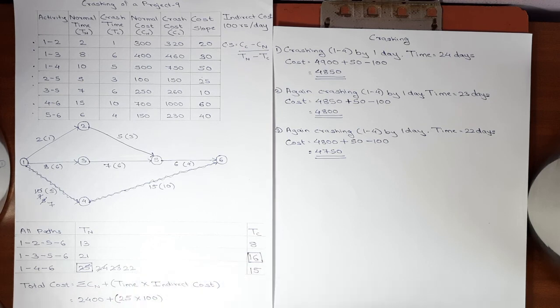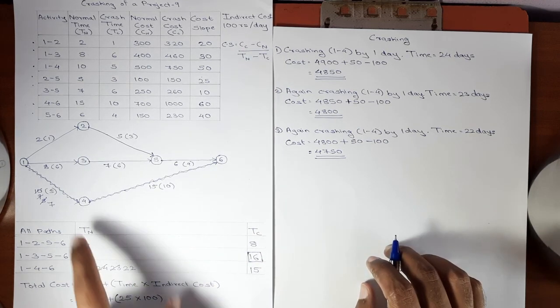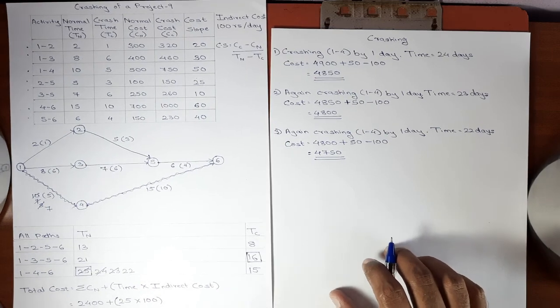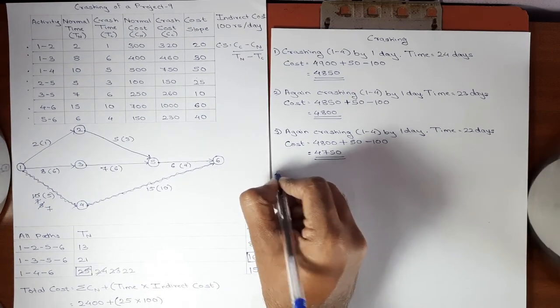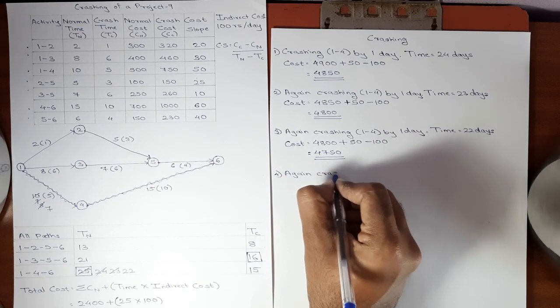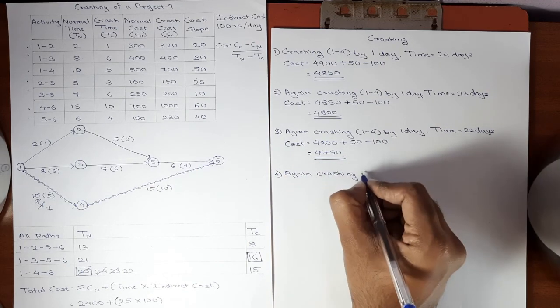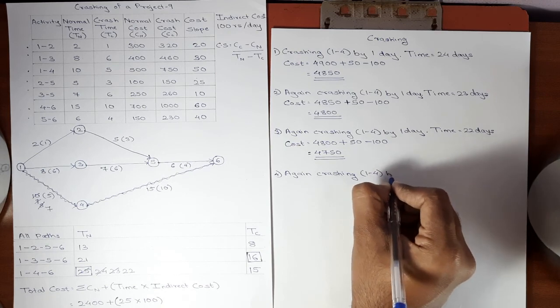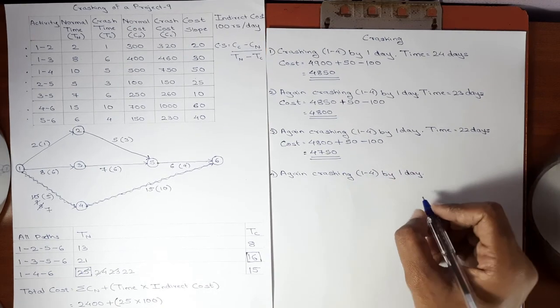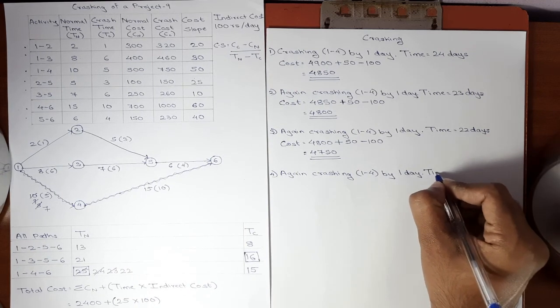Again, the maximum duration is of the third path. This activity is not yet exhausted. So in the fourth step of crashing, we'll again be crashing activity 1, 4 by 1 day. Now the time will be 21 days.